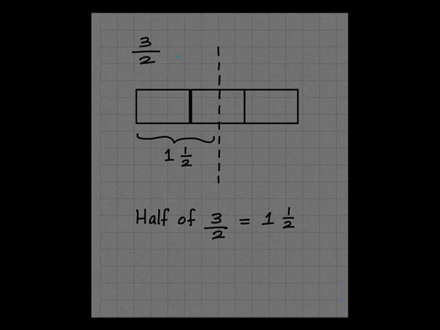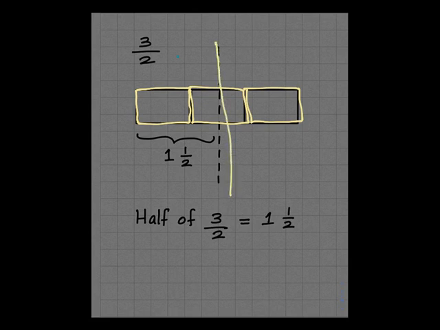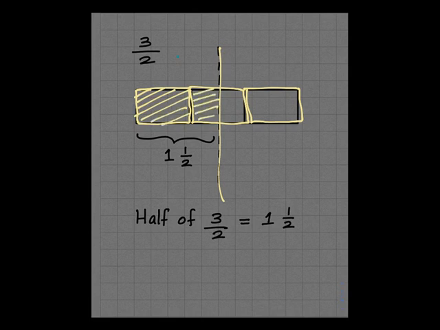So for 3 by 2, I have drawn 3 boxes, one box, the second box, and the third box, and I have made a vertical line and divided into half. So when you see it here, there is 1 and a half. So half of 3 by 2 becomes 1 and a half.